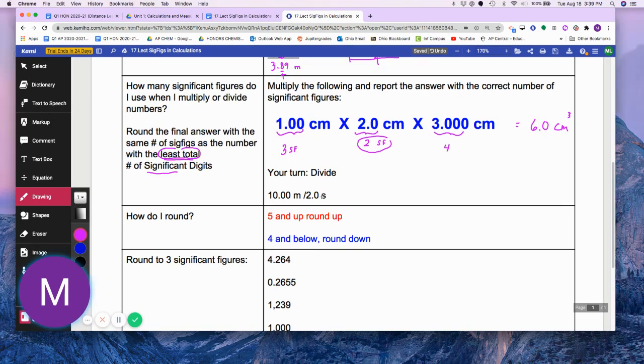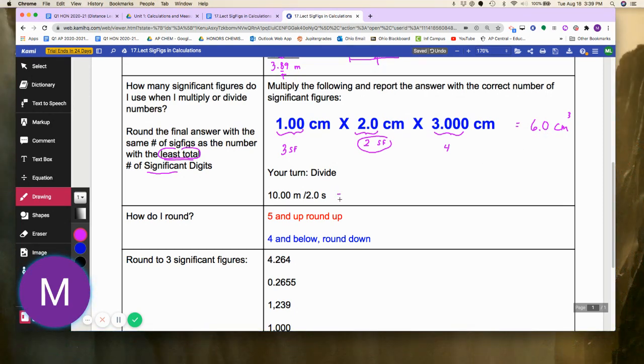Your turn. When dividing these two numbers, what do you get? Pause the video. Okay, the answer should be 5. But since this number has 2 sig figs, this number has 4, the least is 2 sig figs, then I can report 5.0. The units are meters per second.